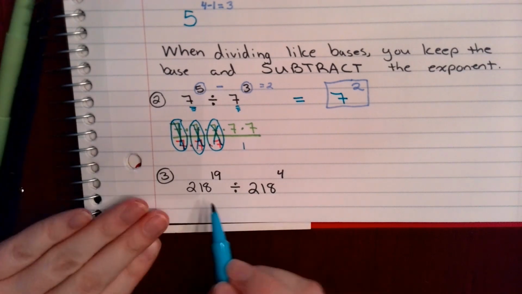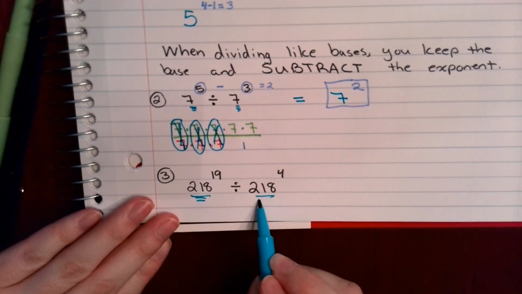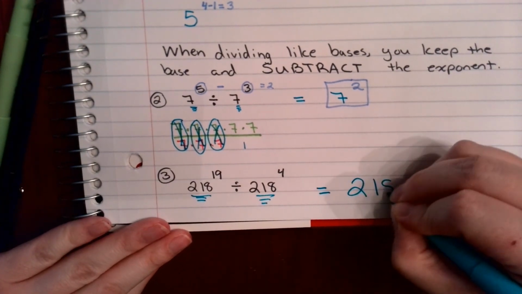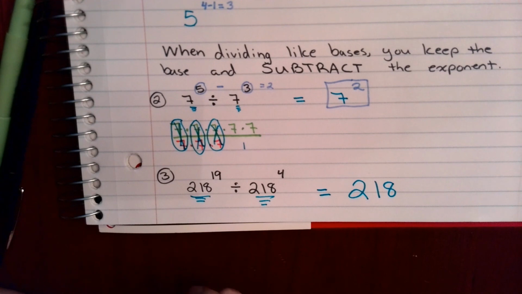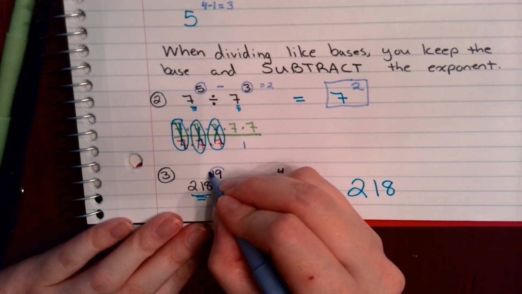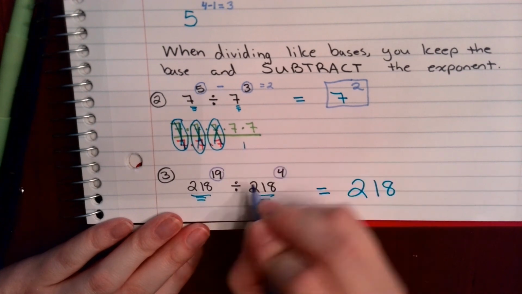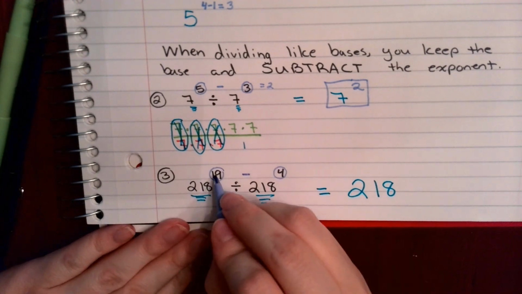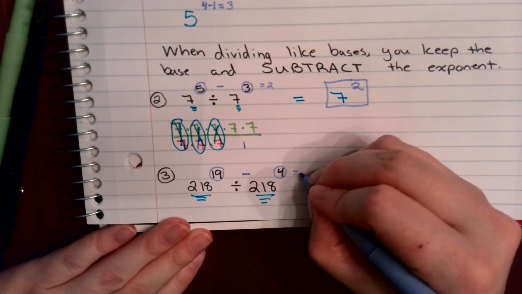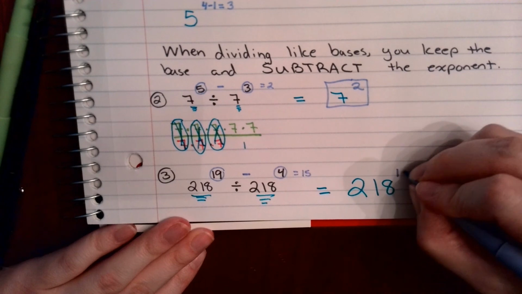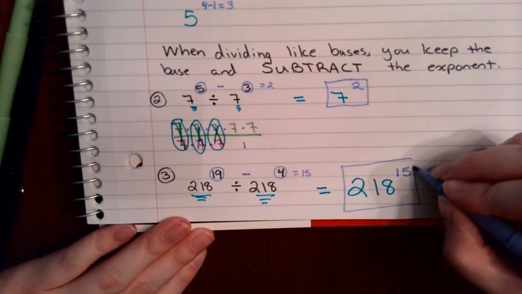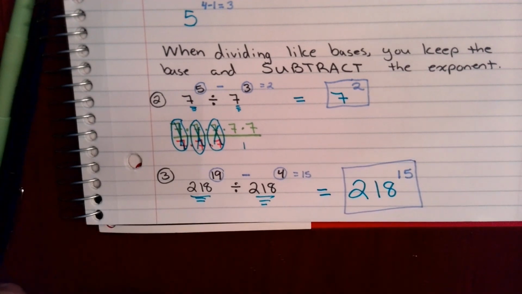Again, I have identical bases, so I know my final answer is going to have 218 as the base. I now need to subtract the exponents. When it's a division problem, we subtract the exponent. 19 minus 4 gives us 15, so our exponent is 15. 218 to the 15th power.